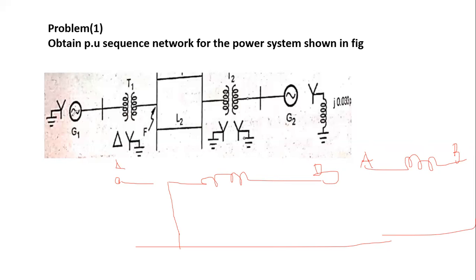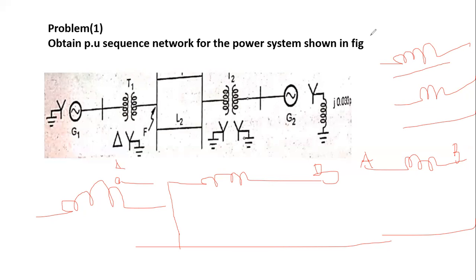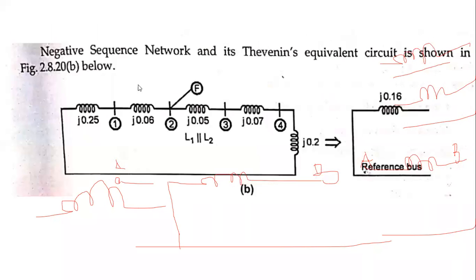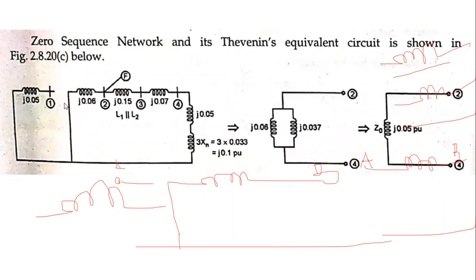Therefore, the equivalent for generator G1 is only the reactance for zero sequence, and this is the transformer. And what is the transmission line reactance for zero sequence? That is only the reactance. This is the reference. By using this, we will draw the zero sequence network for the given diagram.